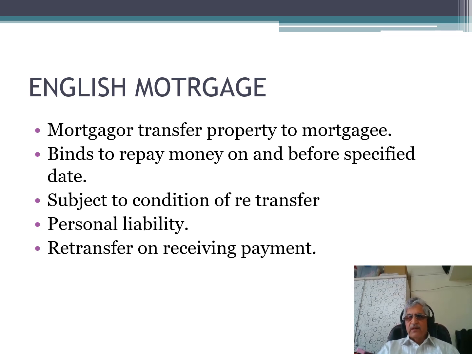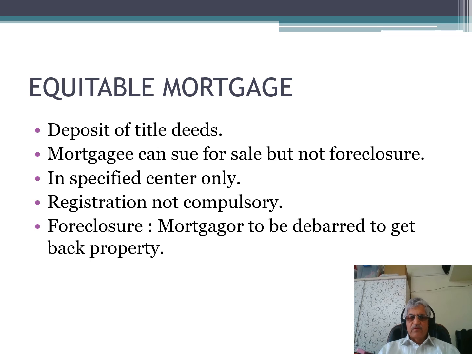Then the very common equitable mortgage, which we used to take in housing loans. An equitable mortgage can be created by deposit of title deeds, means deposit of title papers, ownership papers, but it is to be executed in the specified places only. These are state capitals, metro cities, and certain centers declared by particular states.